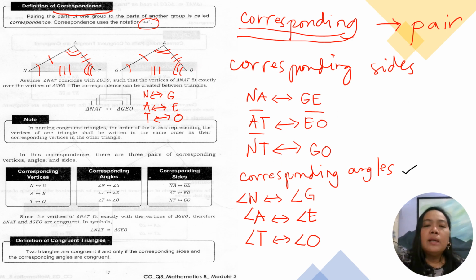Likewise, the corresponding sides of triangle NAT coincide with the sides of triangle GEO. As you have noticed, the correspondence is also on page 7 of your SLM.